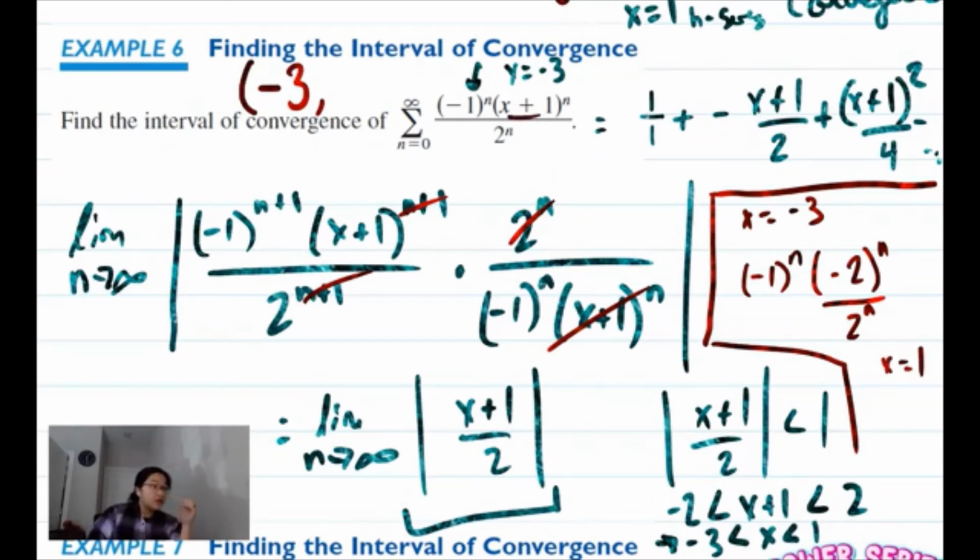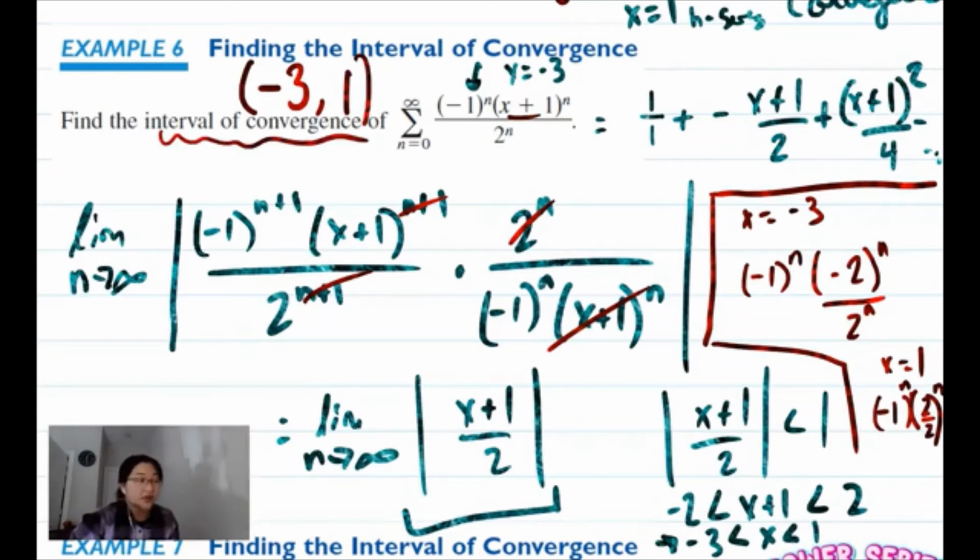We get 2, but we also have a negative 1, and then we end up with 2 over 2^n, times (-1)^n. That gives us an alternating series, but we're still having a geometric series where we still have just a 1, so we're also not including this positive 1. So our interval of convergence is from negative 3 to 1, not including our endpoints.